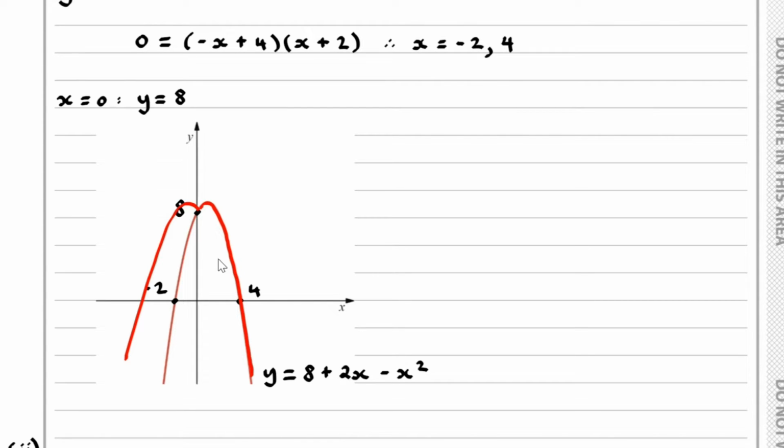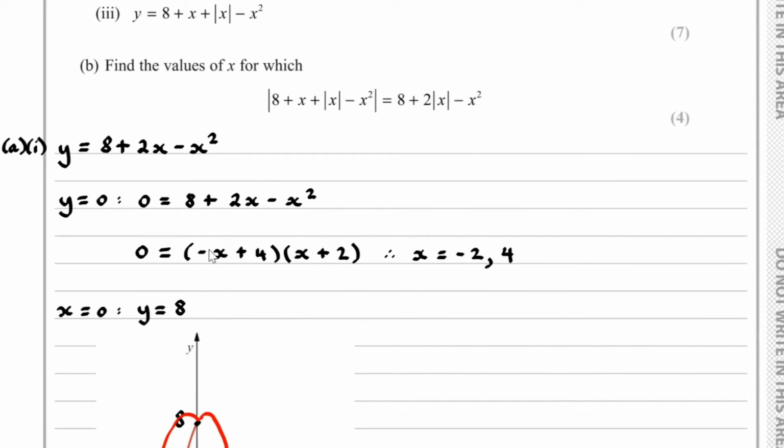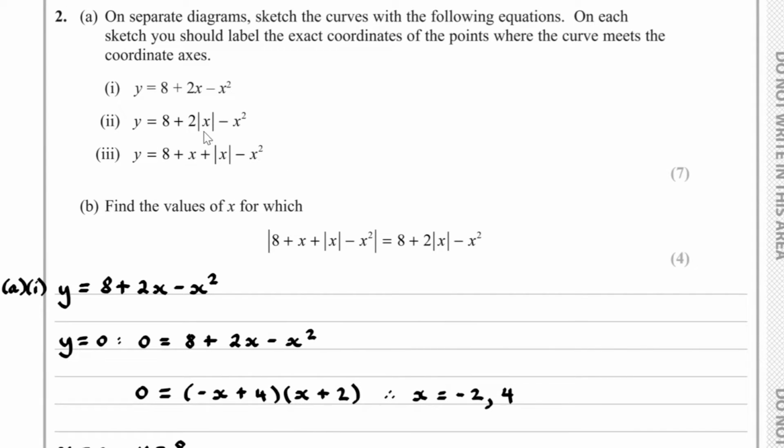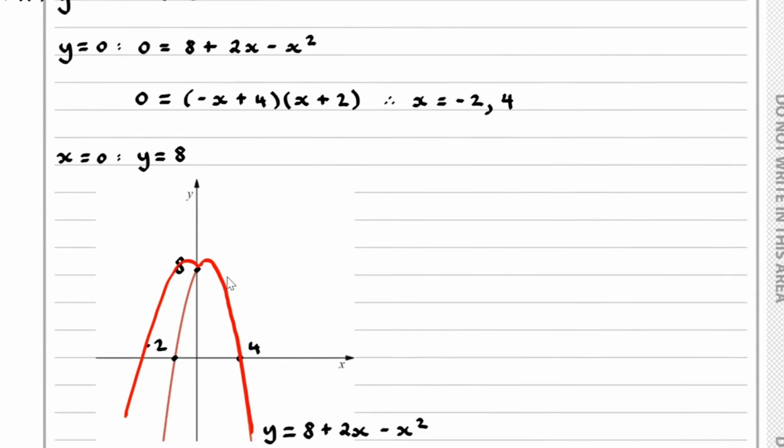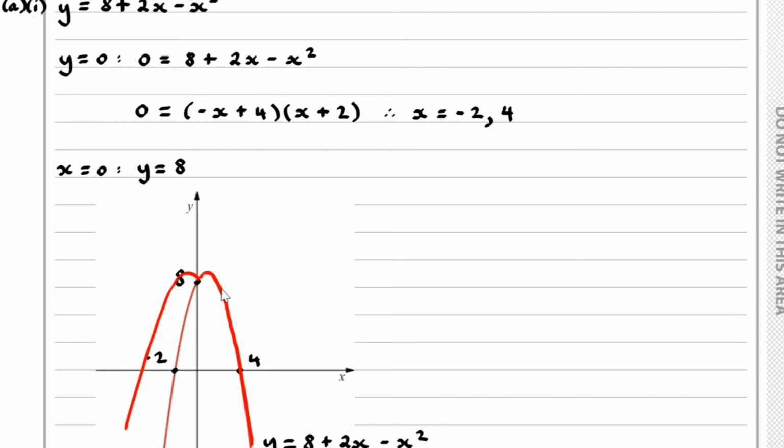And the reason for that is the negative values of x will give the same output for y as we have positive values of x.